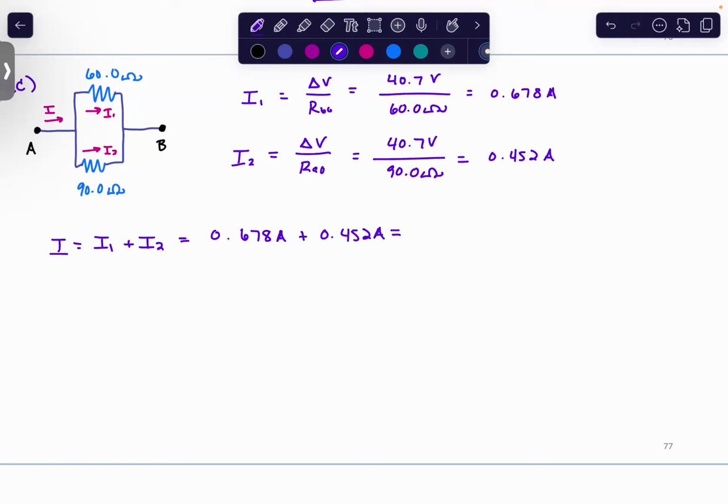And what should you get for this? Is that actually what I get? Okay, so that is what I get. How do I know that's what it's supposed to be? Right, that's what the original current calculated was. So these two currents work.